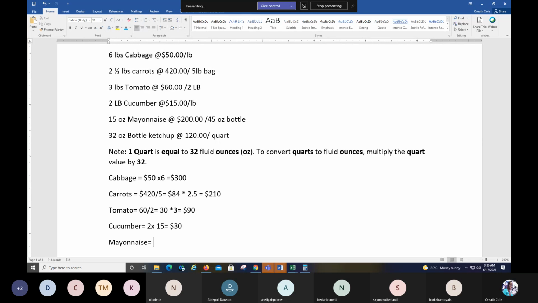We're going to do the same thing: divide the 45 ounces into the 200, the cost of the 45-ounce bottle, and then you multiply it by 15. Exactly. Good.